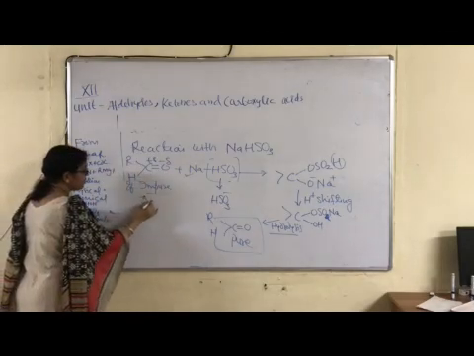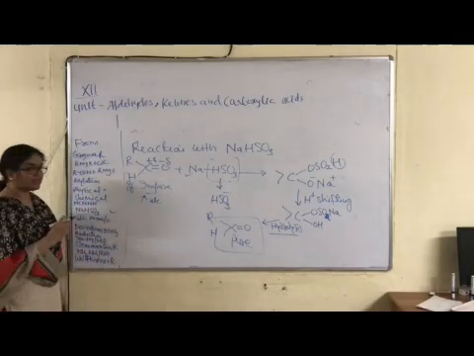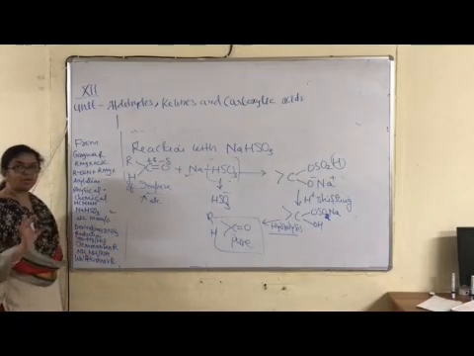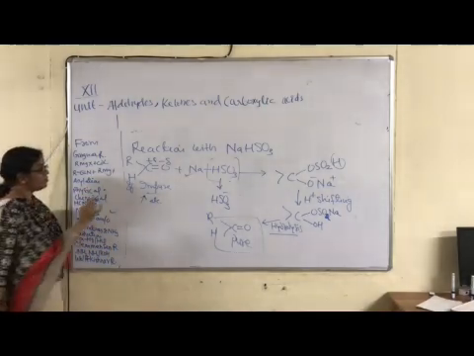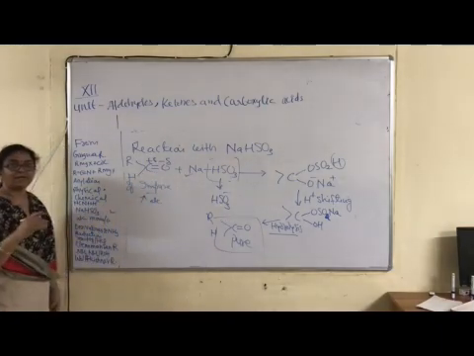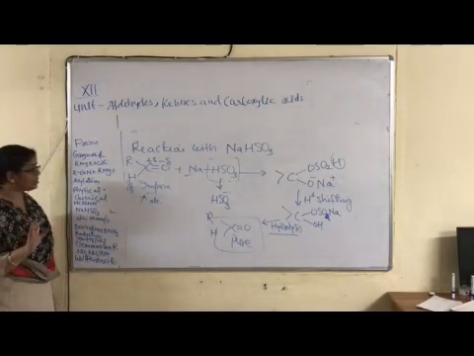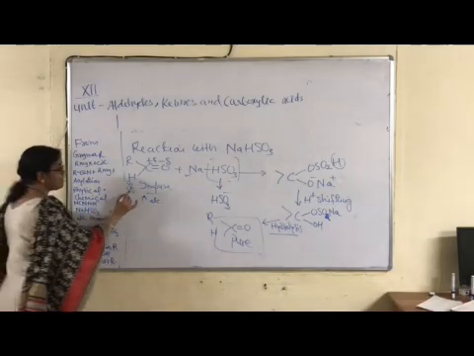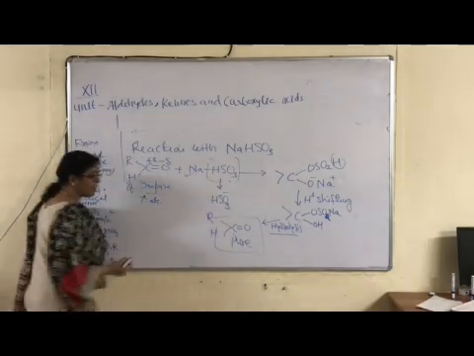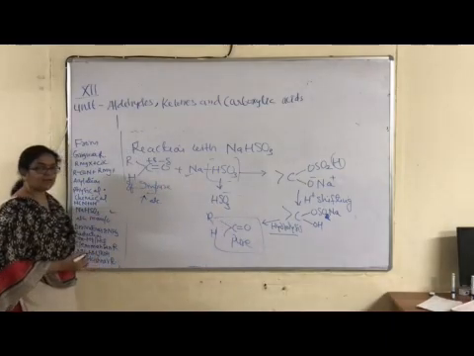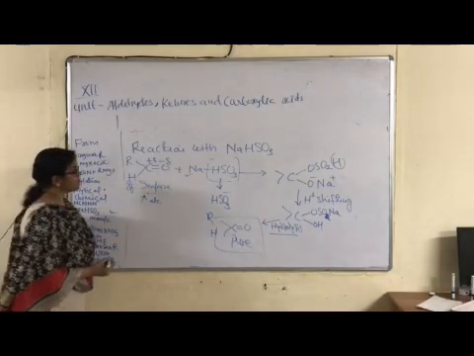Suppose some traces of alcohol are also present. We can separate the alcohol by this addition reaction, because addition occurs with the carbonyl group, not with any other functional group. Okay children? If impure, then finally a pure carbonyl compound is obtained.